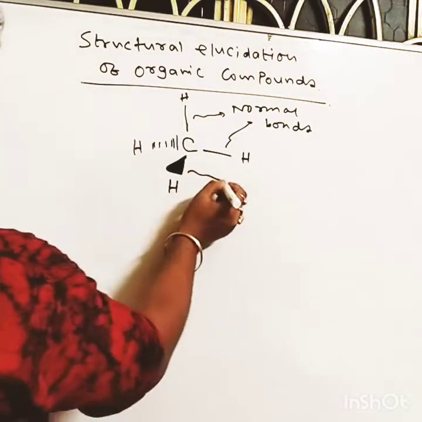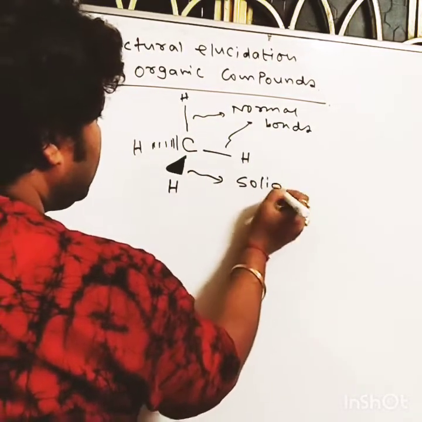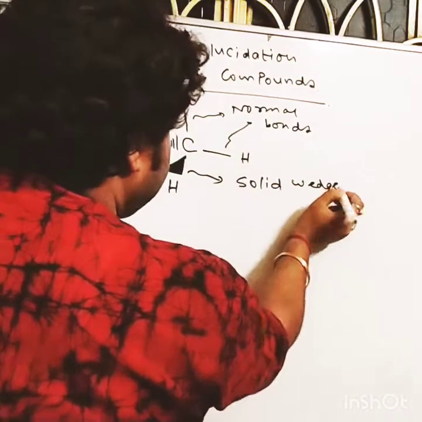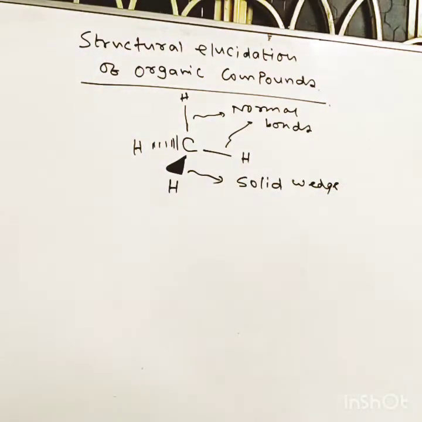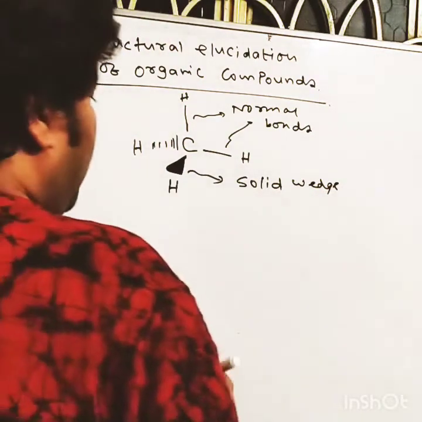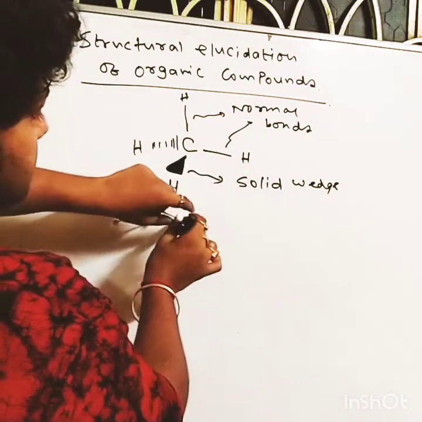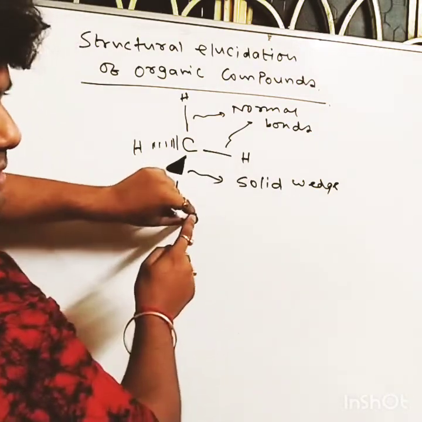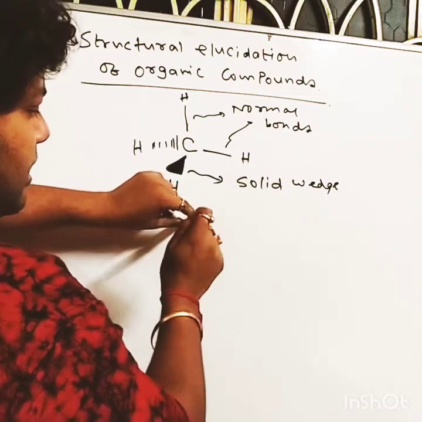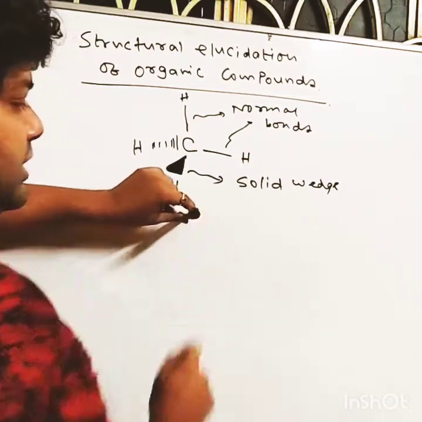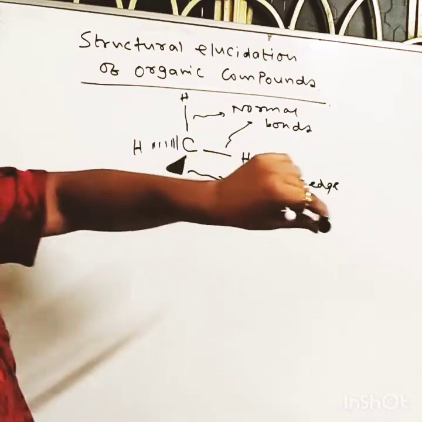This one is called a solid wedge. You understand? Wedge. Like on the board, if I try to fix a nail here, if we fix a wedge here like this, it is coming towards you. See, look at this face.